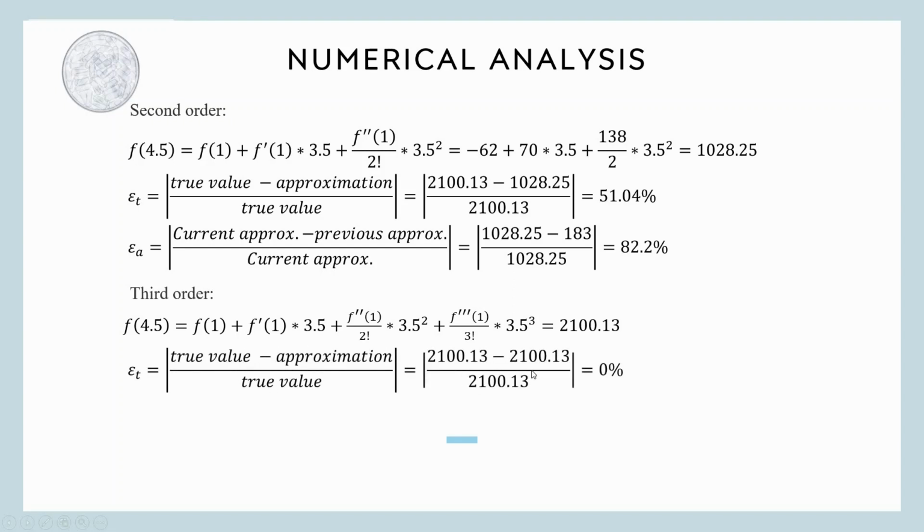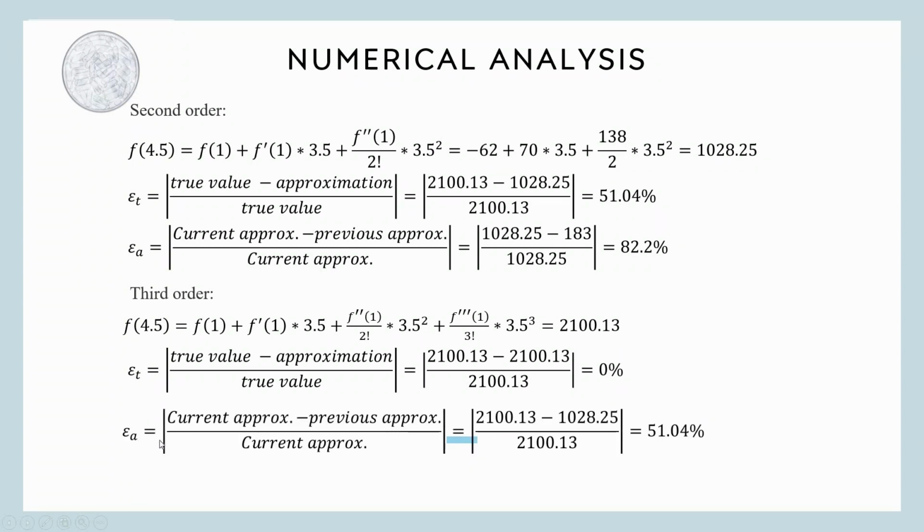Again, plug in the formula to get the relative error, and also we can get the approximation relative error. We plug in the current approximation, subtract the previous one, divided by the current. And the final result is going to be 51.04%. That's it.